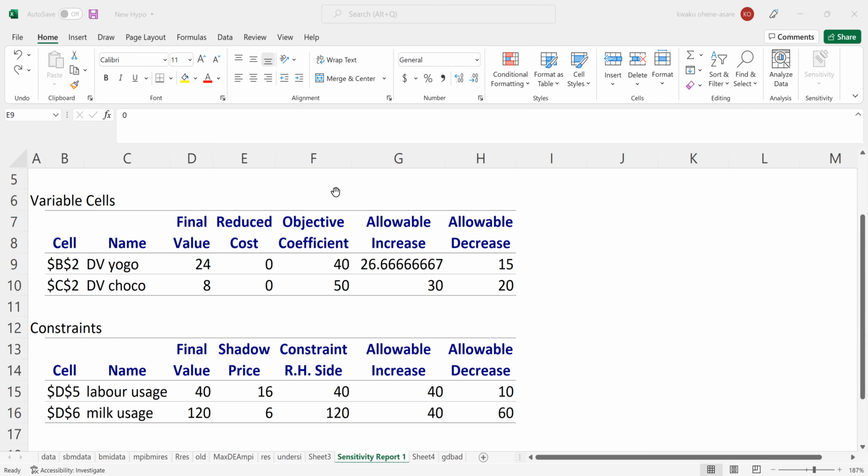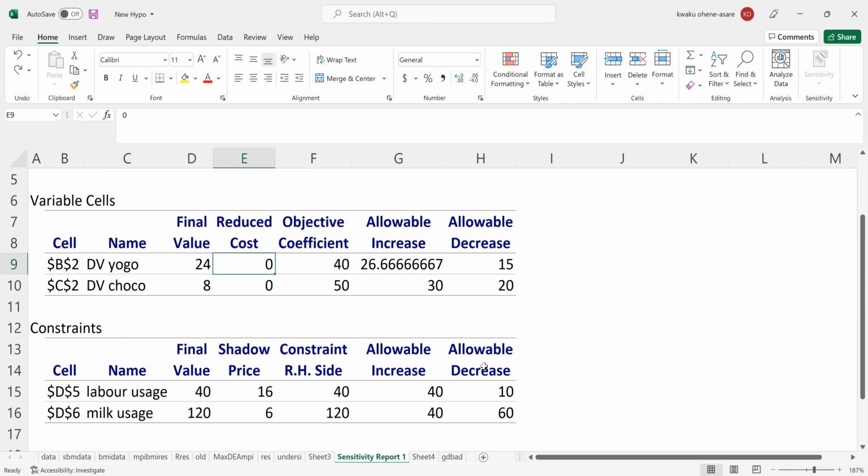Now you can see that the reduced cost value for Fan Yogo is zero. What does that mean? It means that the opportunity cost of producing Fan Yogo is zero. It means that if I were to produce 24 sachets of Fan Yogo, I am not incurring any cost, any opportunity cost.